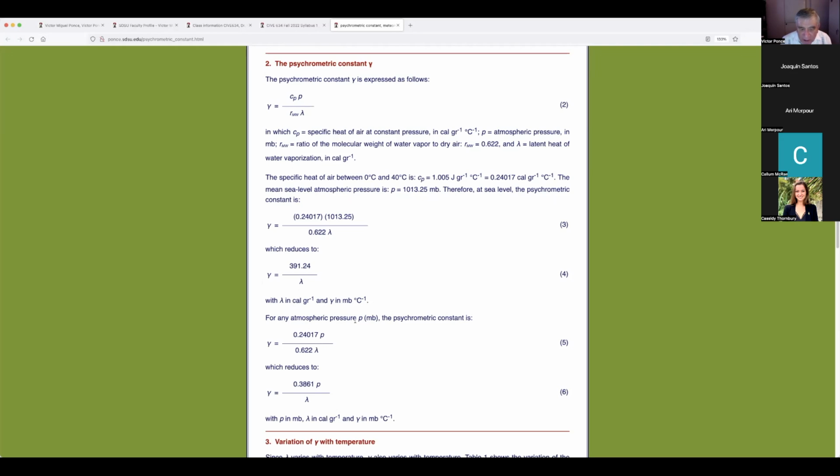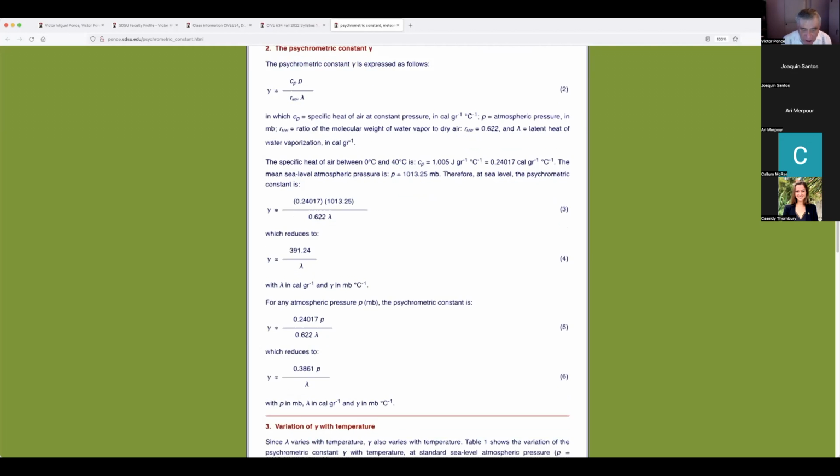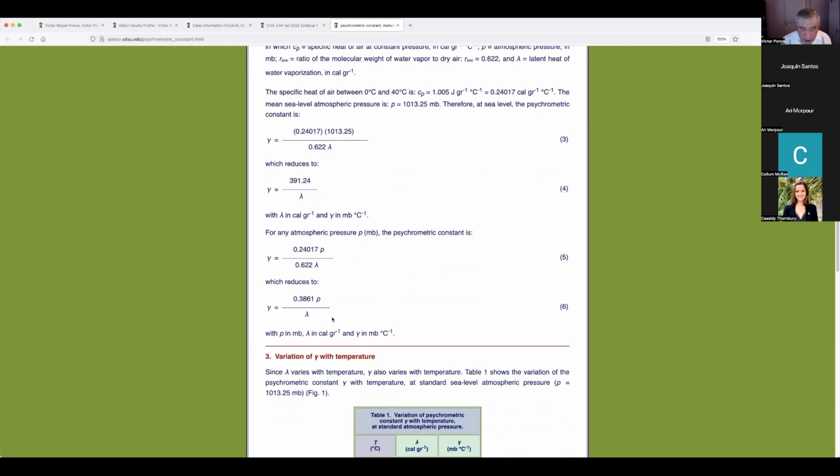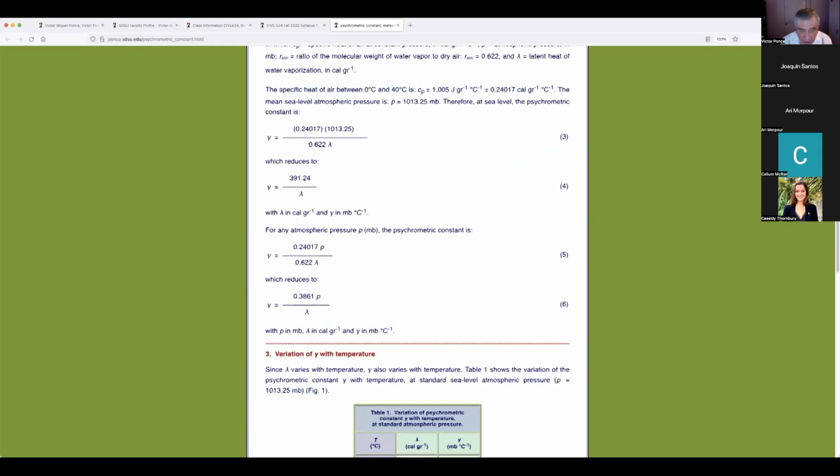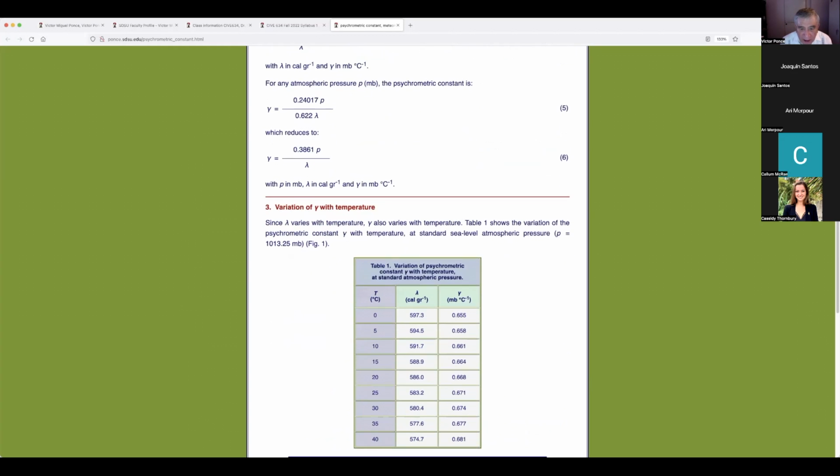For any atmospheric pressure, we have to put the P in there, which reduces to equation 6, with P in millibars, that's the atmospheric pressure, and lambda in calories per gram, the latent heat of water vaporization. With that, we can calculate gamma.